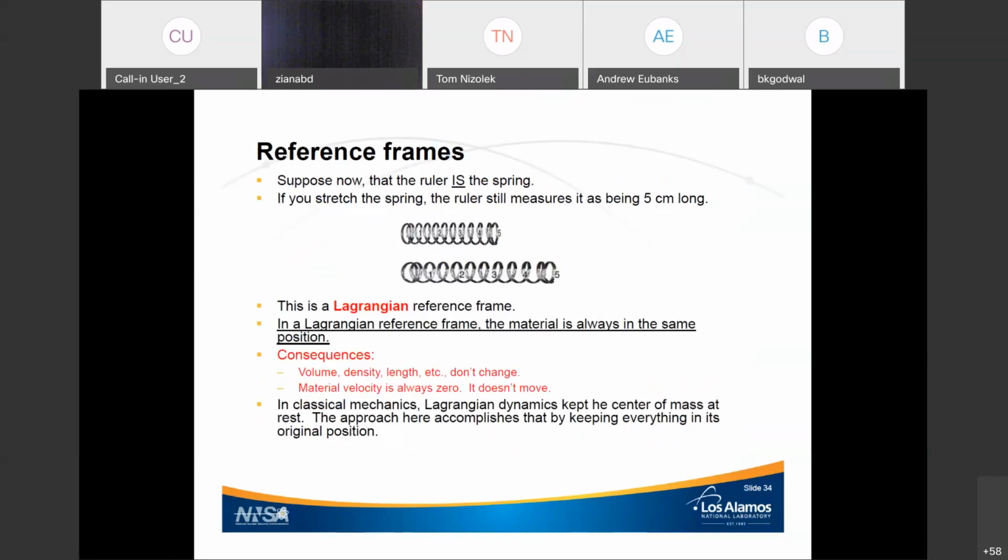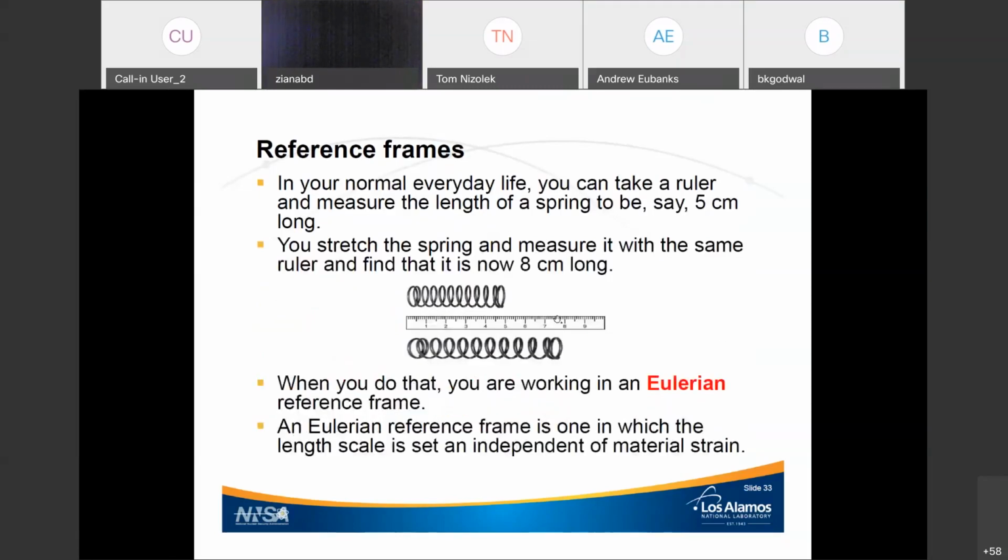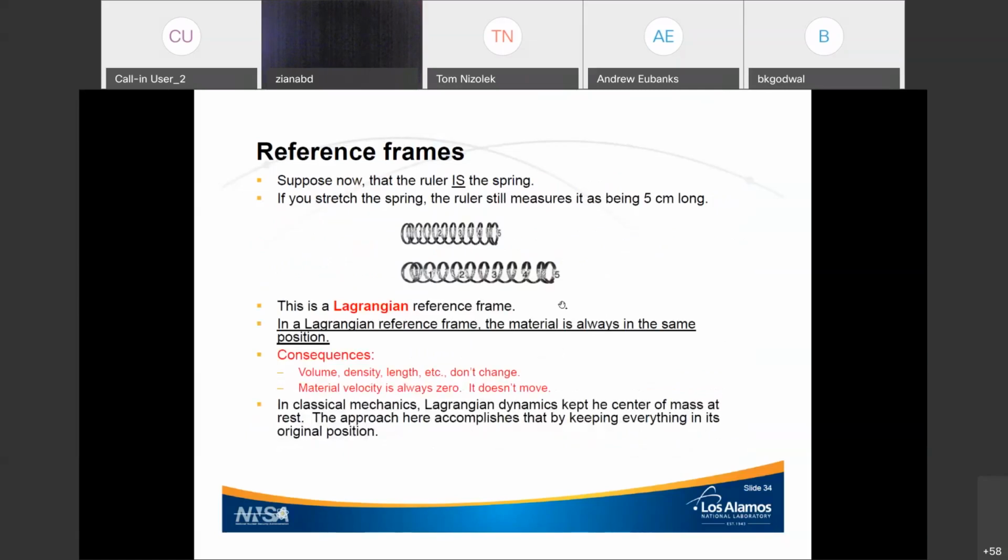However, what if the numbers, instead of being on this ruler here, were actually attached to the coils of the spring? Well, now, when you stretch the spring, the ruler still says it's 5 centimeters long. That is a Lagrangian reference frame.